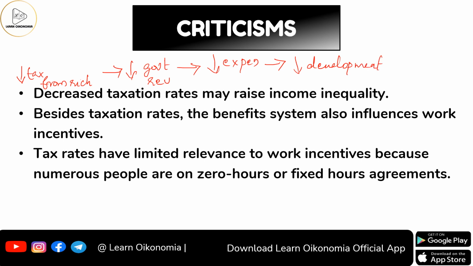Again, besides this, we can see that whenever government increases the tax rate, that will be acting as a disincentive for people to go for work. So again, think about increase in tax, especially the income tax. People will reduce their hours of work, because people will think, why should I go and work for more hours? Even if I get more income, I have to pay a huge proportion of the very same to the government in the form of tax. So why should I take some extra burden to give revenue to the government?